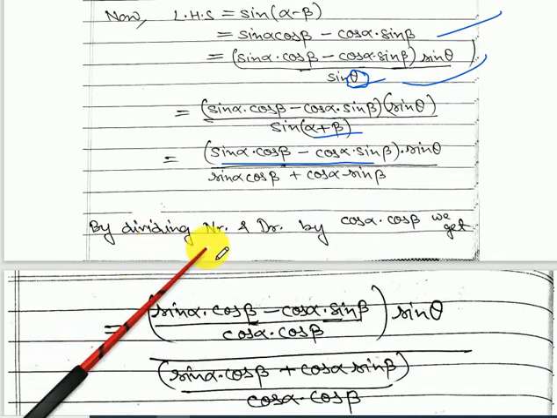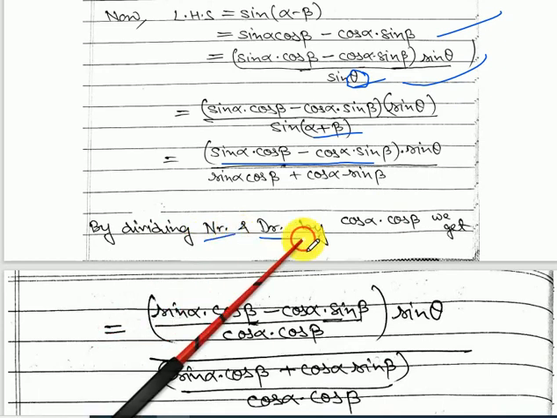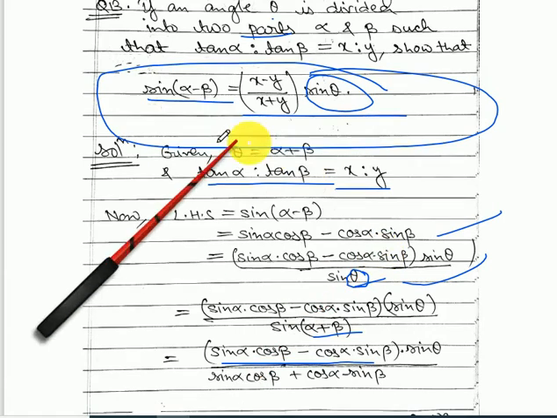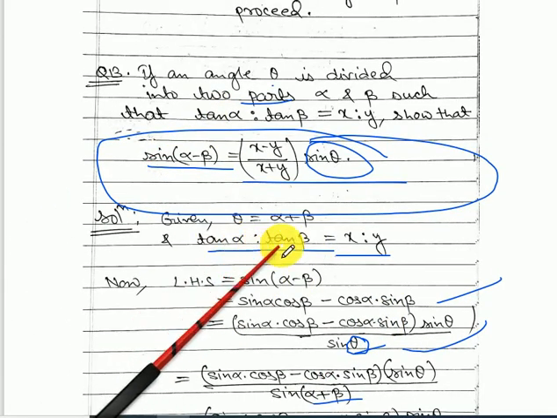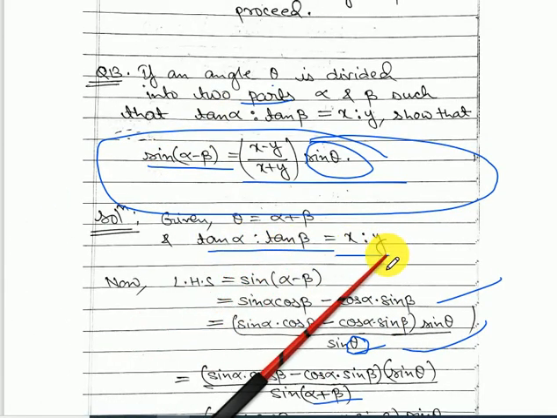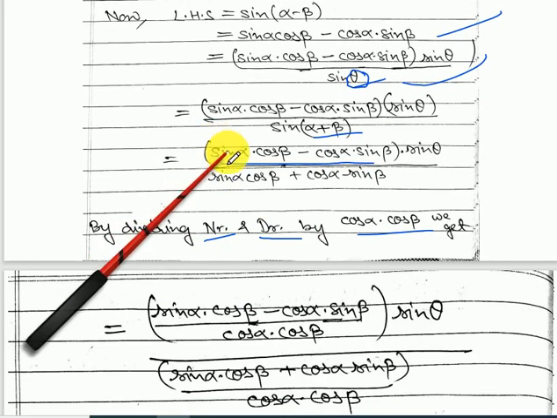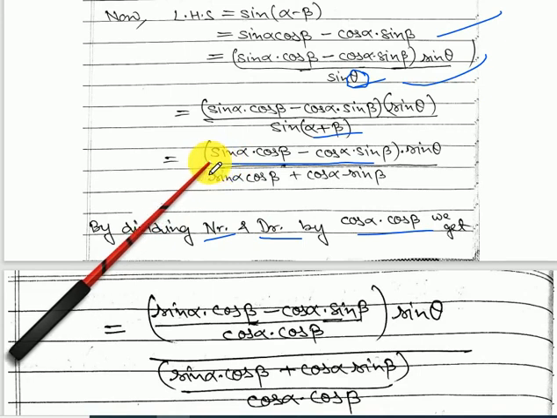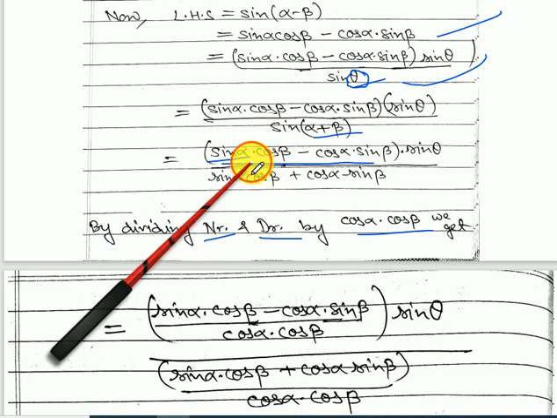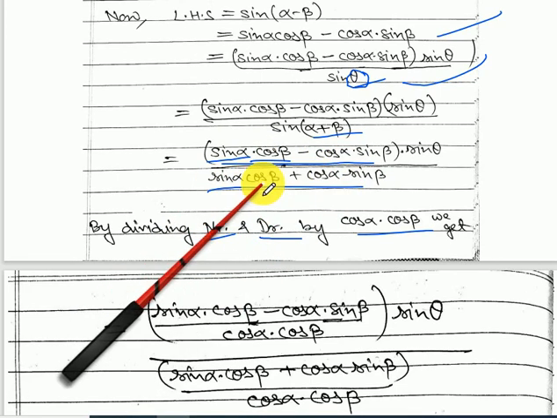Clear? Now what I'll do is I will divide numerator and denominator by cos alpha into cos beta. Why? Because I want to use this value, tan alpha upon tan beta is equal to x upon y. So in order to get tan alpha upon tan beta, if I divide this by cos alpha and this by cos beta, I can get tan alpha upon tan beta, and we'll do the same thing for the denominator also.